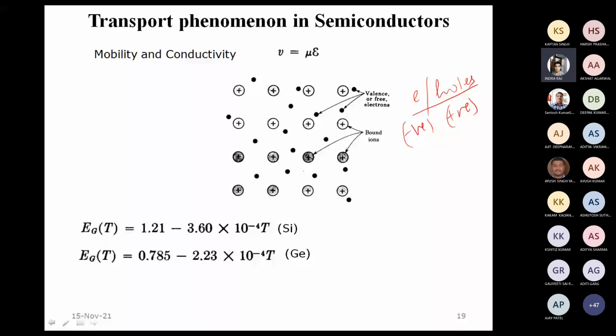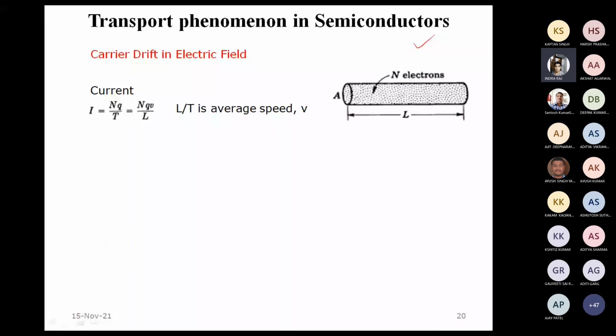Later we tried to formulate the current due to the carriers. This is going to be valid for any kind of charge carriers, whether it is electron or hole, in general.